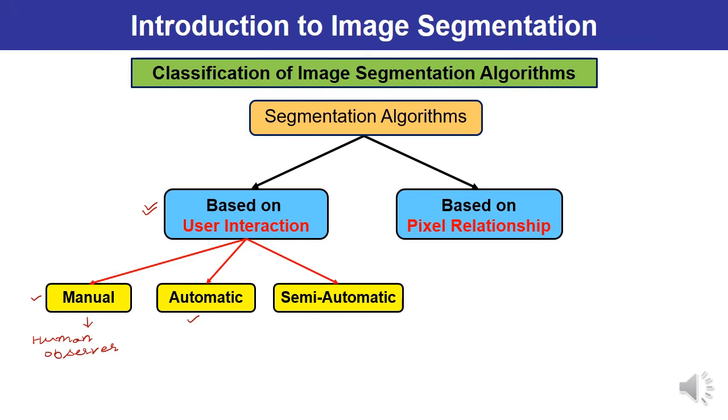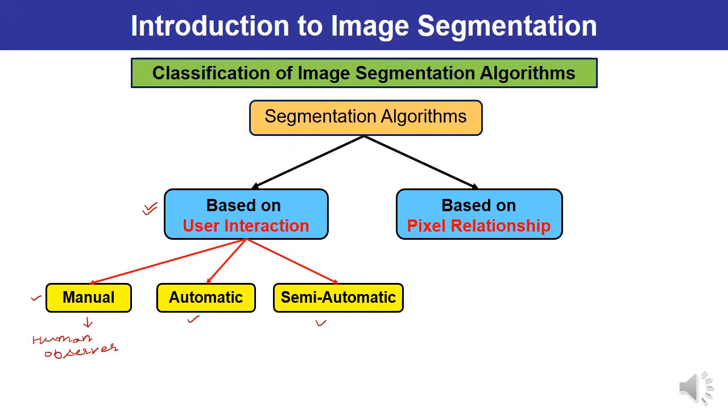It means they are preferred if the task needs to be carried out even for a large number of images. A manual operator or a human observer can perform the task, but for a smaller one. In the automatic manner, you want it to be done at a very high rate. So there is a requirement to utilize the automatic segmentation algorithm, and it will carry out the result very quickly for a large number of images. So this is about the automatic.